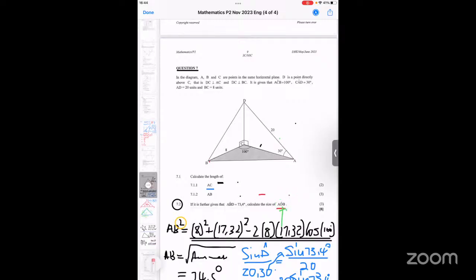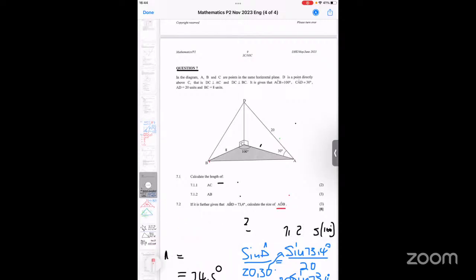Maybe I will quickly read through the statement which says, in the diagram, A, B, and C are points on the same horizontal plane. D is a point directly above C, that is, DC is perpendicular to AC, and DC is perpendicular to BC.